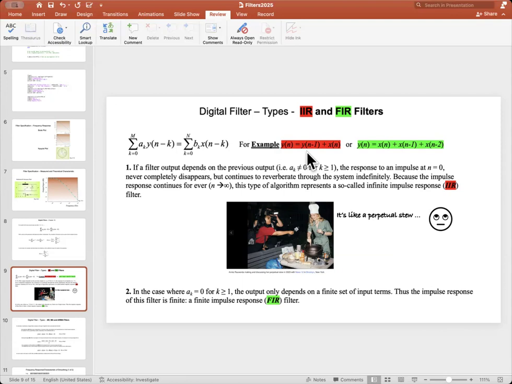So as soon as there is a response to a unit impulse, the next one will have at least some part of it, and then the next one will have a part of that, and the next one will have a part of that.